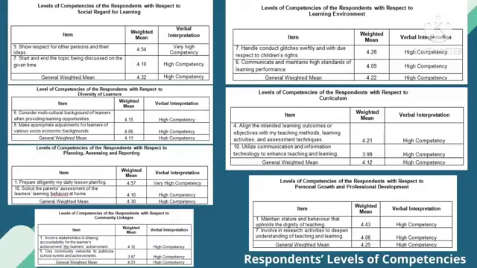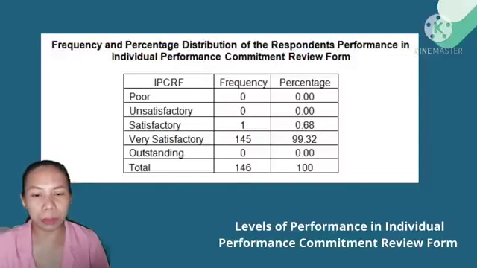For respondents' levels of competencies, as revealed on the table, the perceived level of competencies of the respondents were all with weighted means of 4 and above, and it's verbally interpreted as high competency. Level of performance of the respondents as revealed by the results of their Individual Performance Commitment Review Form or IPCRF.